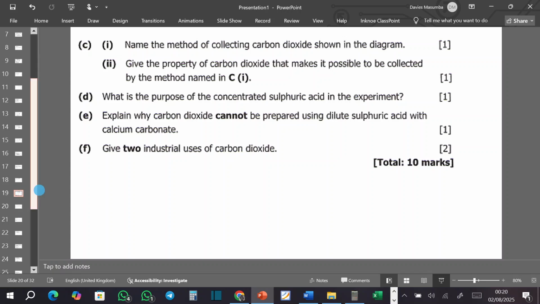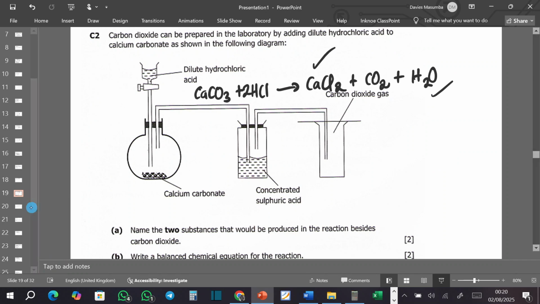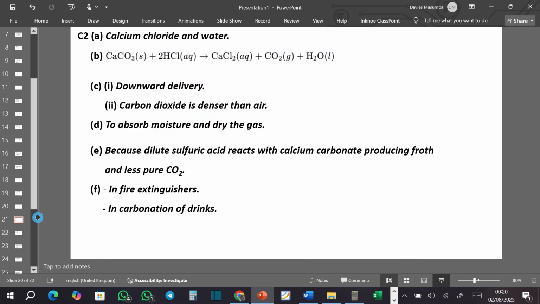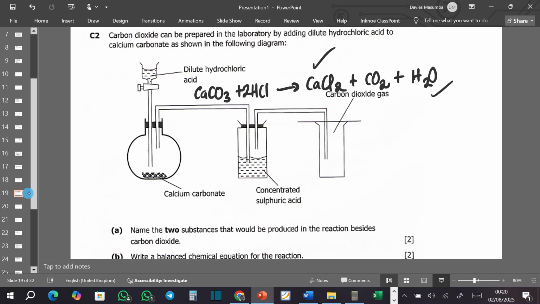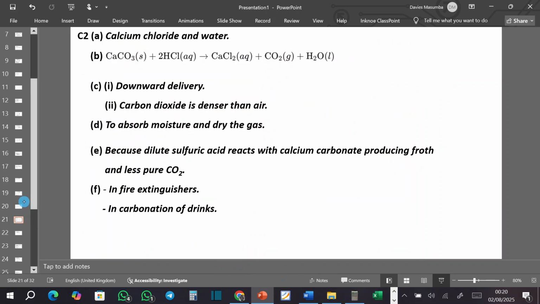So in answering, name the two substances: calcium chloride and the water. Then the other question was, write a balanced chemical equation for the reaction. So the balanced chemical equation is calcium carbonate plus hydrochloric acid gives calcium chloride, carbon dioxide, and water.